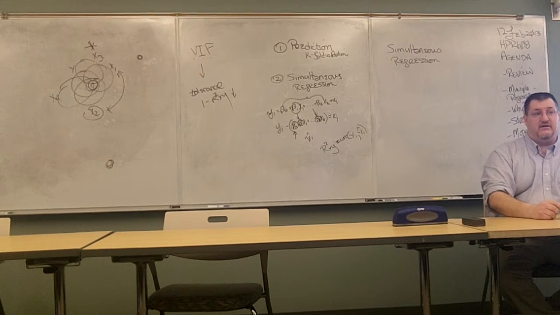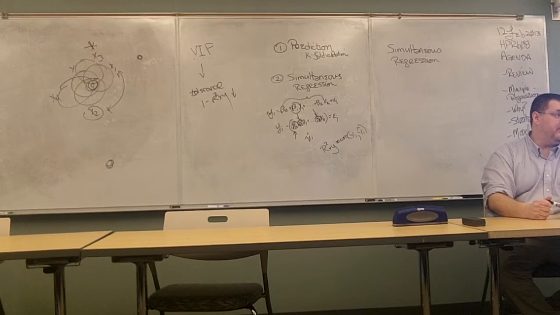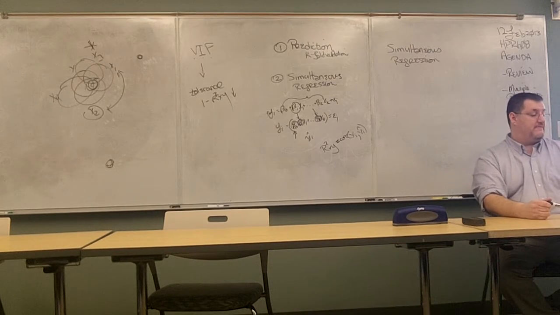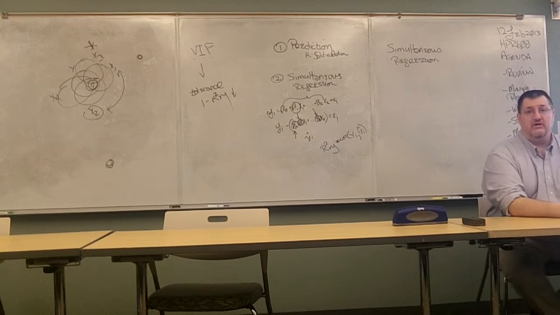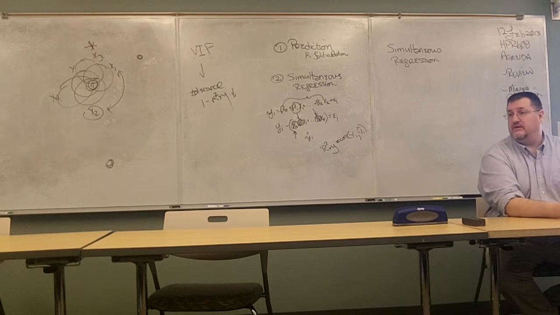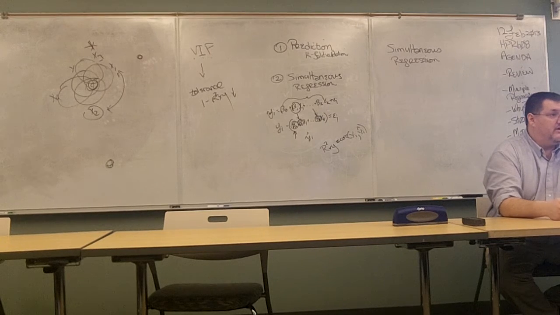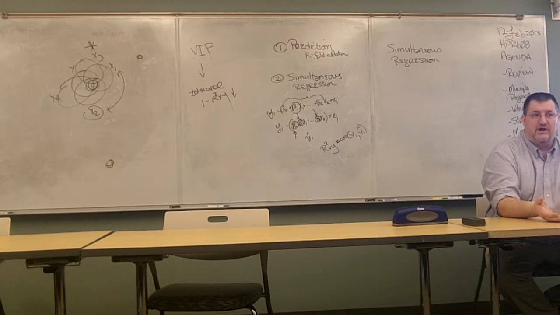With the advent and ubiquity of high-speed computers, they have generalized the algorithm into something called maximum likelihood. Perhaps you've heard of maximum likelihood regression. Has anybody heard of this? Okay, think about it.